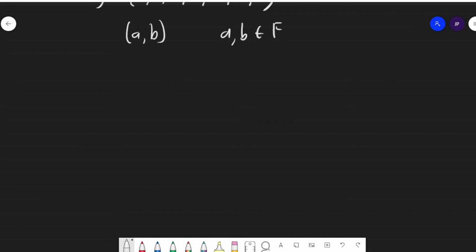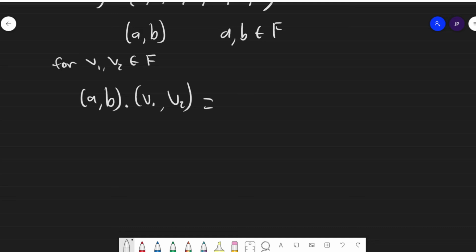So let's say my inverse for multiplication is V1 and V2. Usually this is used for vectors, but bear with me now. V1 and V2 are elements of the field. Let's write it like this. Let's say for V1, V2 elements of F, we will get A V1 minus B V2, and we will get here A V2 plus B V1.